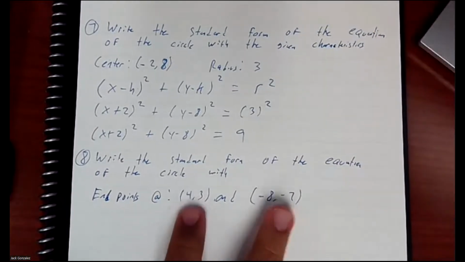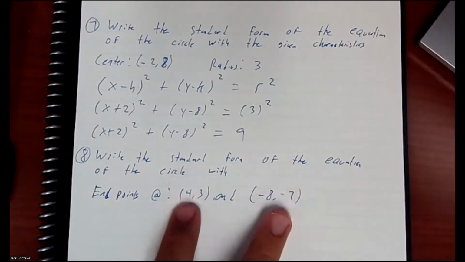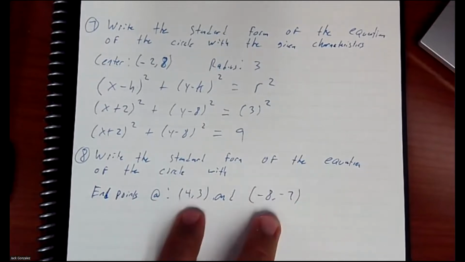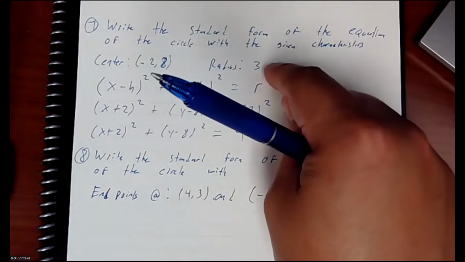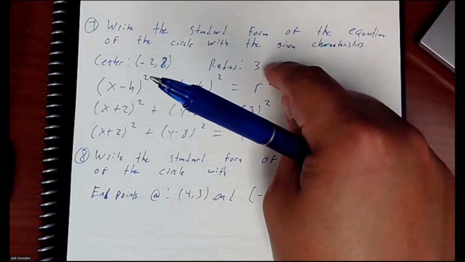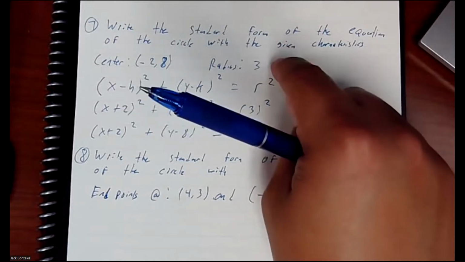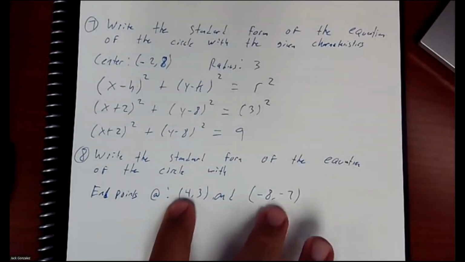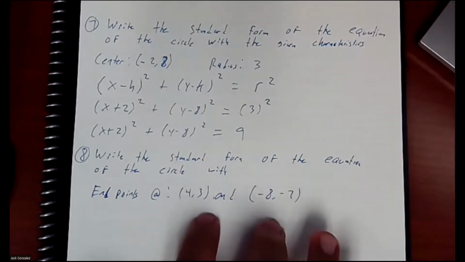Well, if we use the distance formula, we can find out how far this is from each other, and that would be the diameter. If we cut that in half, we'll have the radius, right? And if we have the radius, we can probably figure out the center too, because halfway from here to here would be the center.